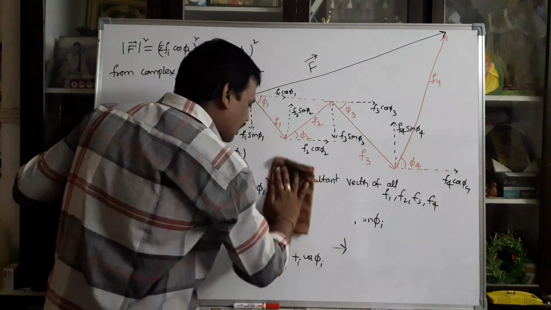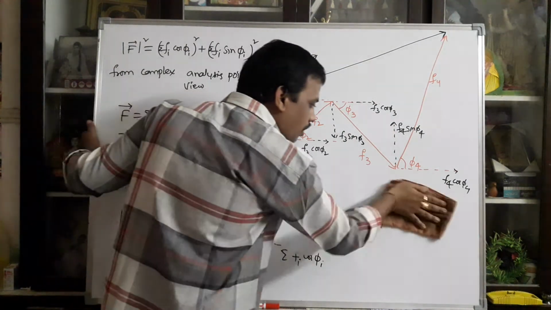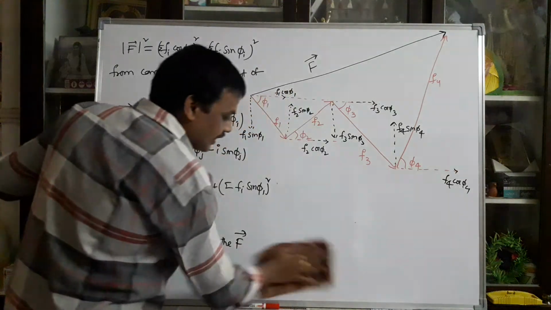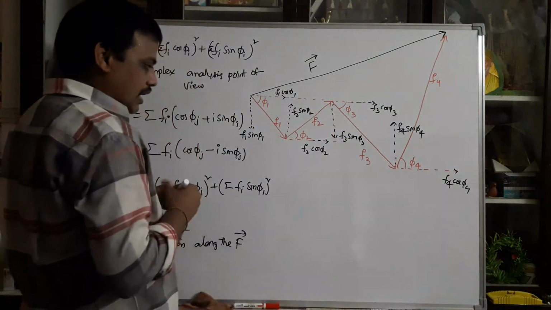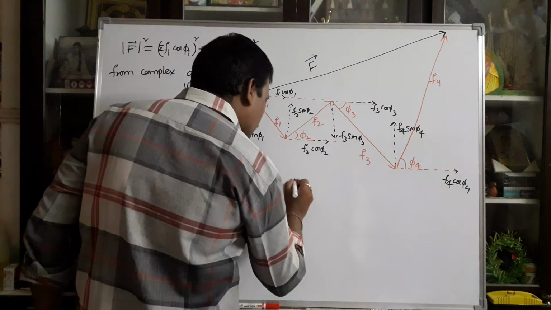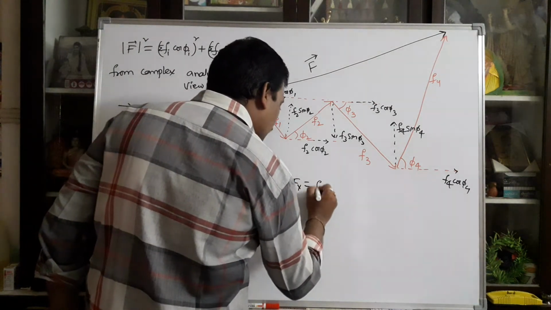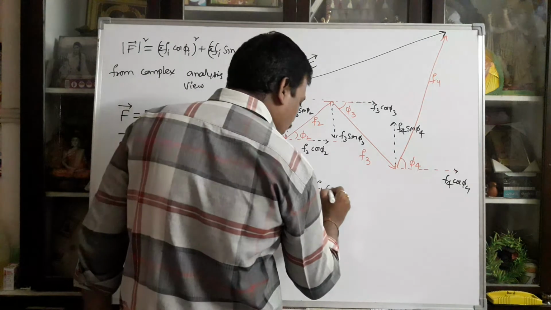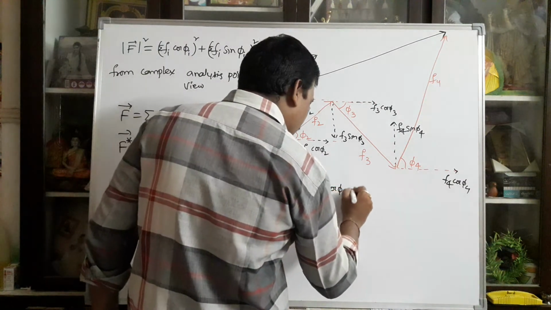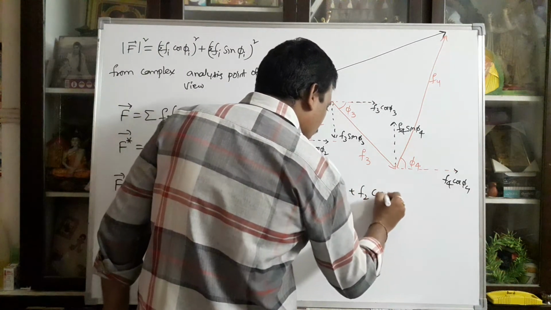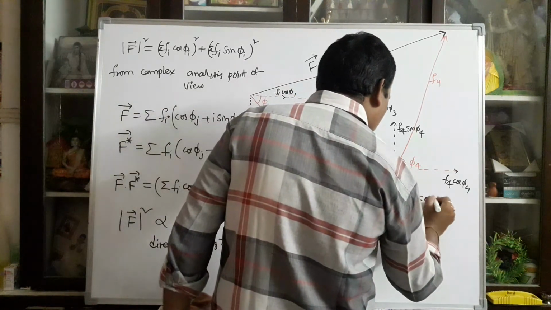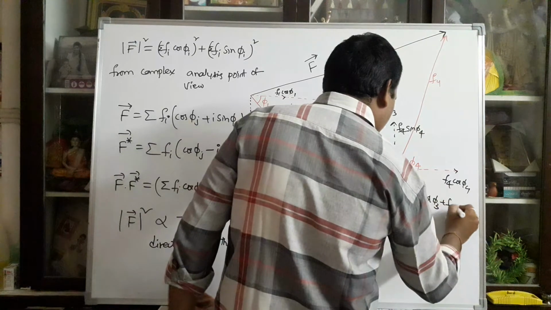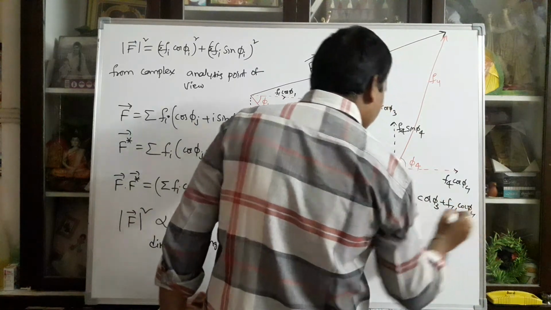You can take the resultant of all horizontal components, that is, the horizontal component Fx is equal to F1 cos phi 1 plus F2 cos phi 2 plus F3 cos phi 3 plus F4 cos phi 4.